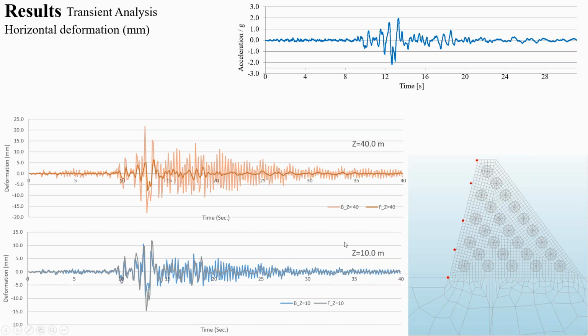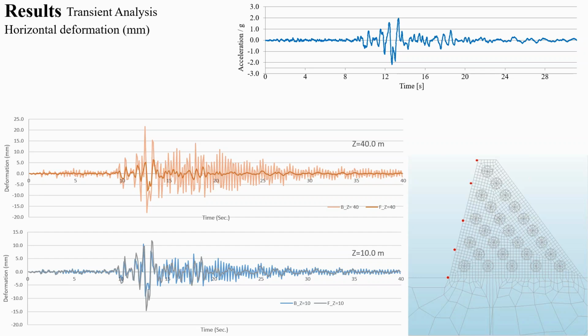Comparing at height 10, there is no significant change between the deformation of the dams. However, at crest level, the horizontal deformation for the bubble dam is about double that of the full dam.